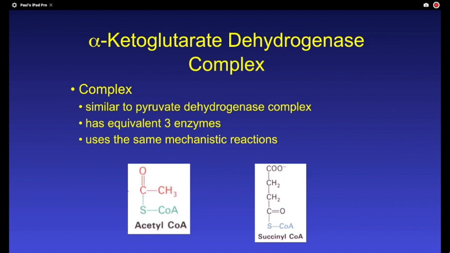Another reaction that I wanted you to be aware of, we've pointed this out before, but the alpha-ketoglutarate dehydrogenase complex is simply a different specificity, but the same mechanism as the pyruvate dehydrogenase complex, which uses the same cofactors. You need to know the cofactors that are used in pyruvate dehydrogenase complex. What are the cofactors that are used? There's lots of them, and they're all acronyms, so it's easy to remember.